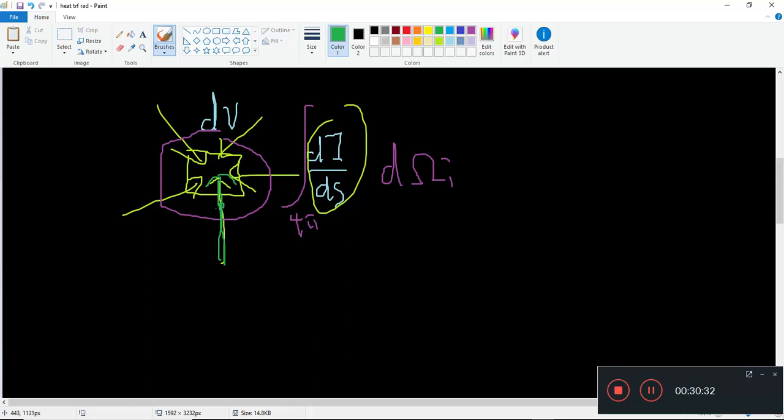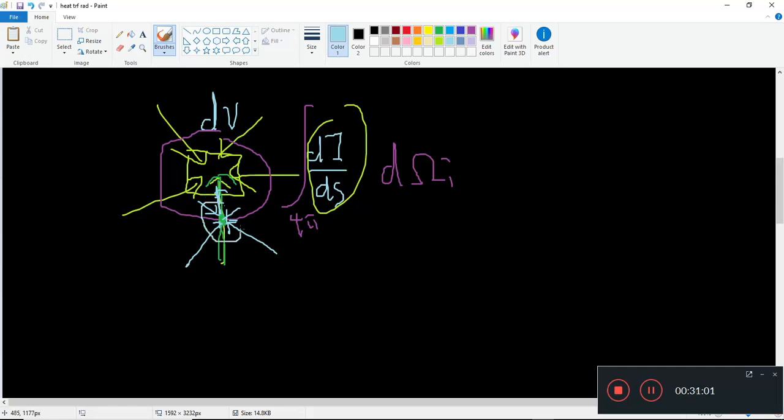There's an in-scattering term. So I'll just draw in the center of this arrow. Let me use blue color. In-scattering term. So whatever is being scattered inwards into this arrow, so to speak, and it goes into this direction.